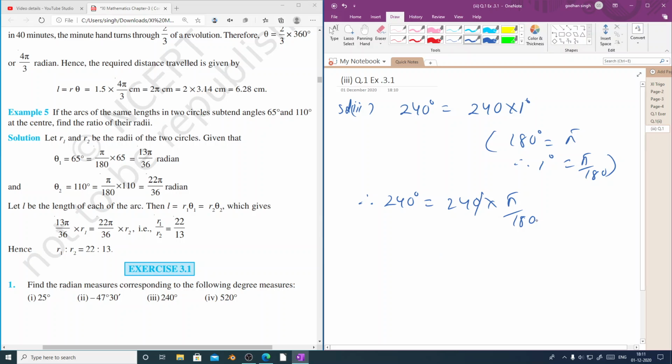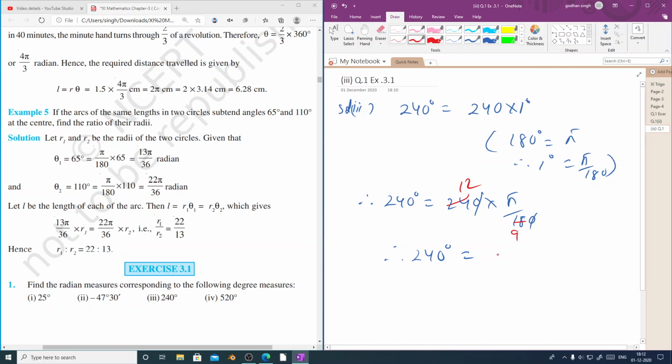Now 0 and 0 will be cancelled out. And also we can divide both of them, so first of all let us divide them by 2. So therefore 240 degree equal to, this can be divided by 2, so it will become 12, and this can be divided by 2, so it will become 9.